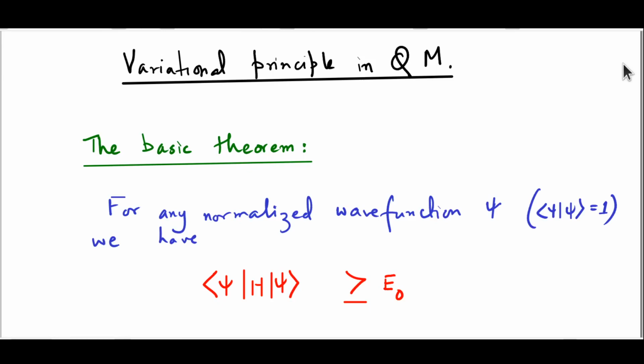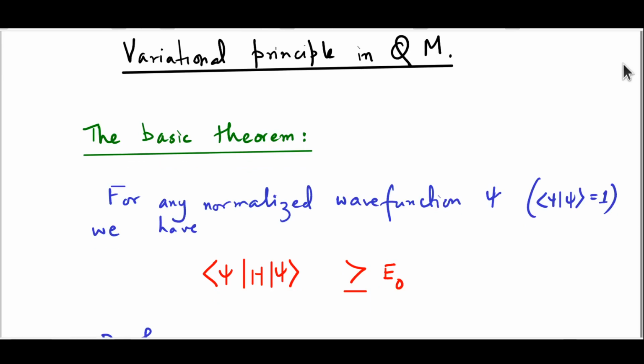In other words, the expectation value ⟨ψ|H|ψ⟩ is greater than or equal to E0, where E0 is the ground state energy. Now this is a theorem, of course, and it requires a proof. The proof actually is simplicity itself.